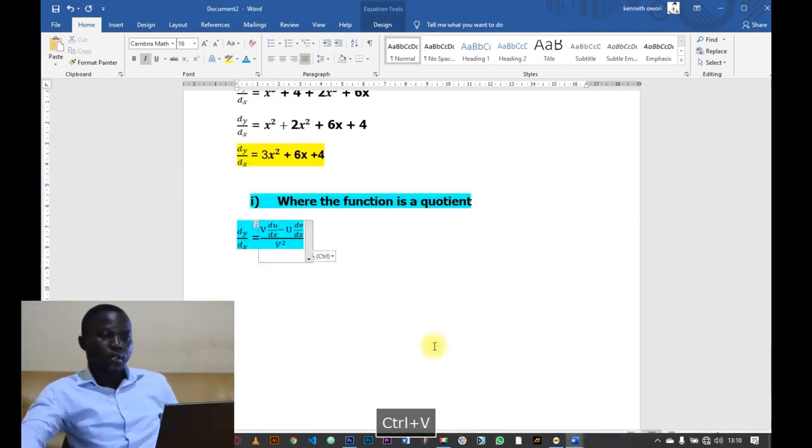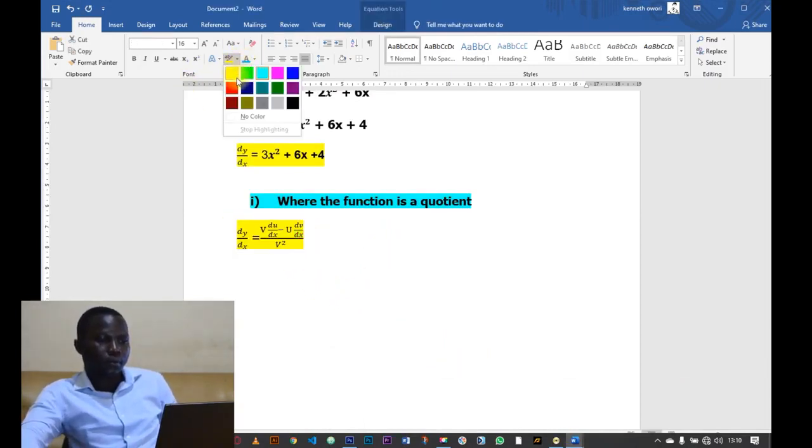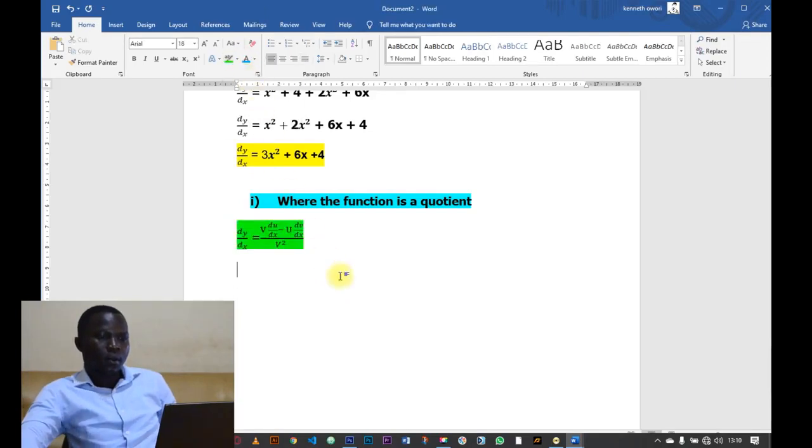When using the quotient rule, dy dx is equal to v du dx minus, this time it is a minus, u dv dx, all over v squared. So whenever we are differentiating a fraction of expressions, we use the quotient rule to find the derivative.